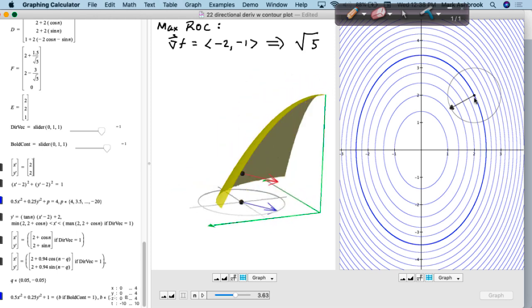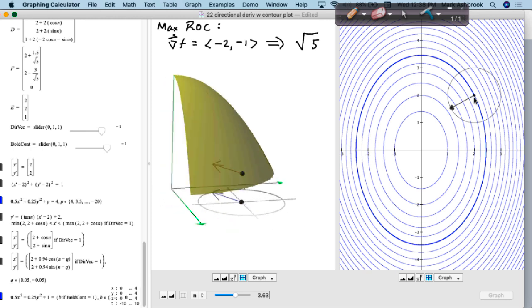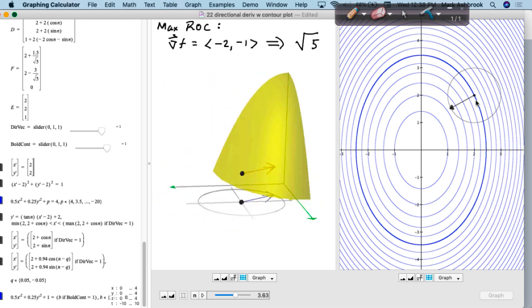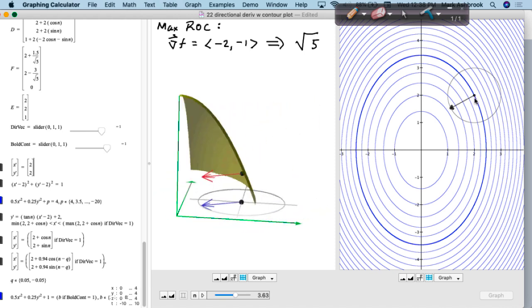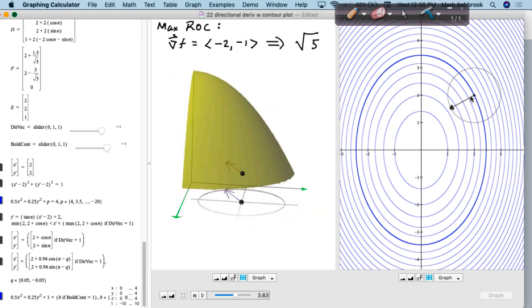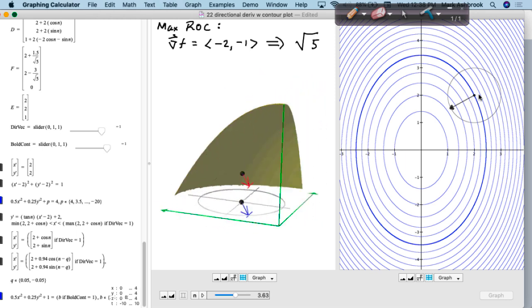I think it's cool too. It's wild because the fastest way is a straight line. Your fastest way up would be getting to the next contour line as fast as you can, going in what direction? Orthogonal, right?